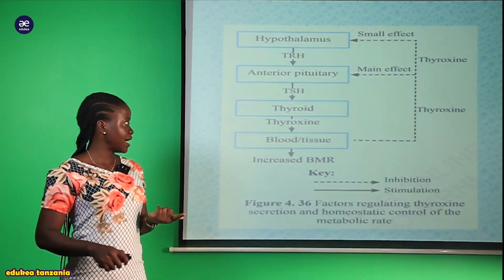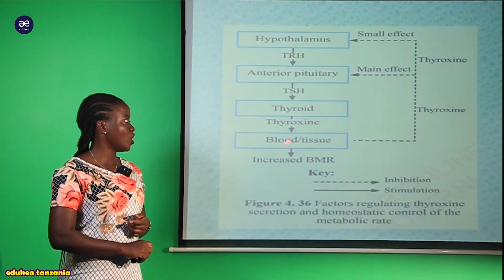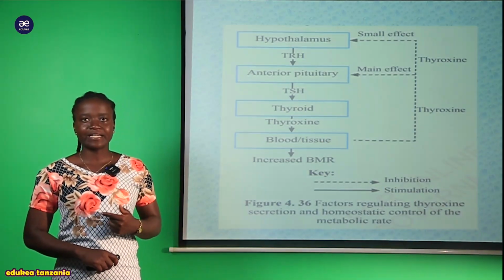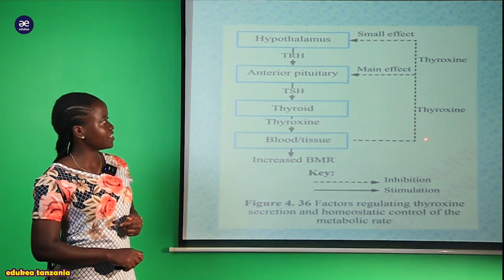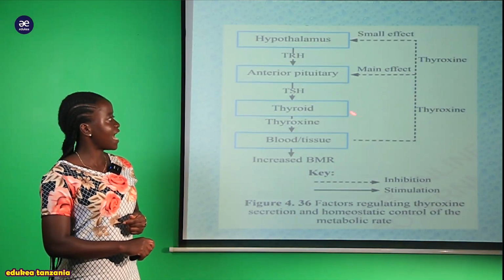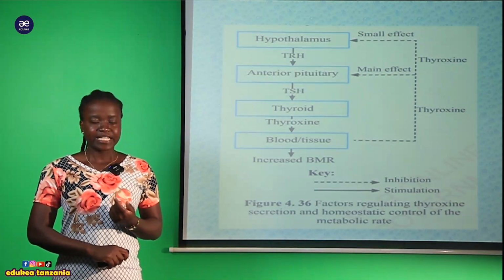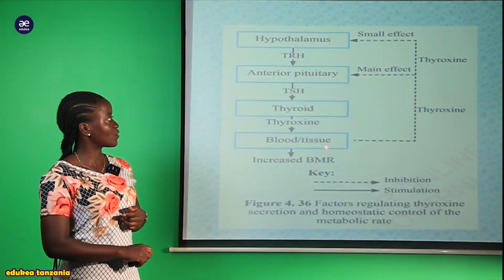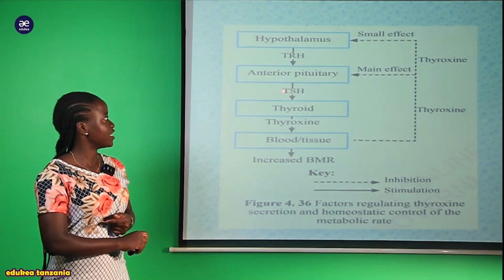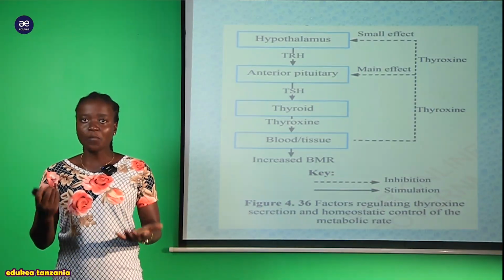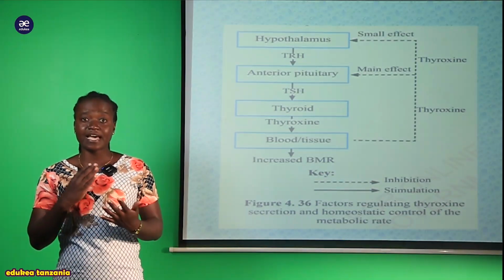But also, due to a high amount of thyroxine hormone within the blood, it will inhibit the anterior pituitary gland. Itaenda kuinhibit production ya thyroid stimulating hormone ili isiende kuzalishwa another hormone ambayo itakuwa nyingi ndani ya blood.